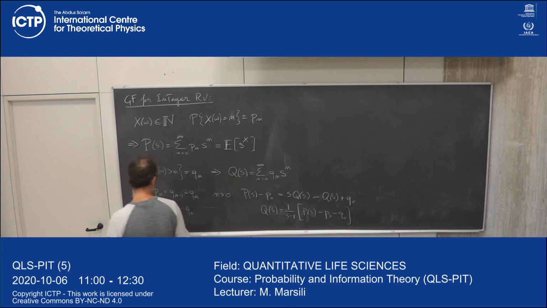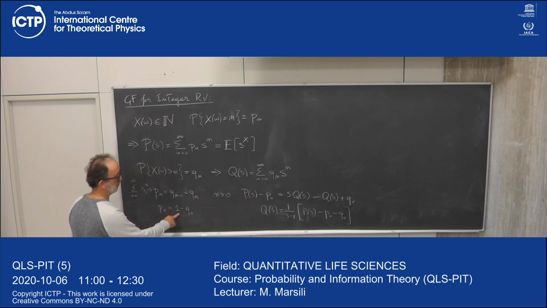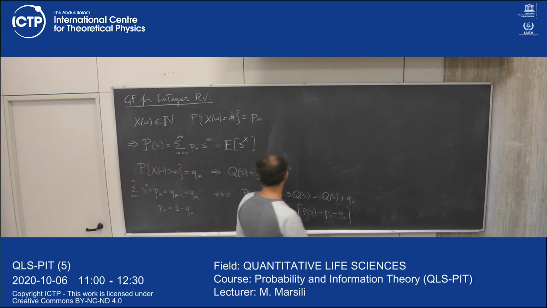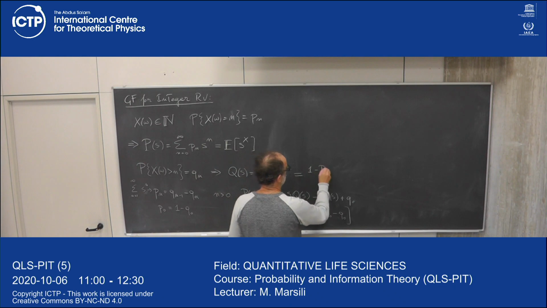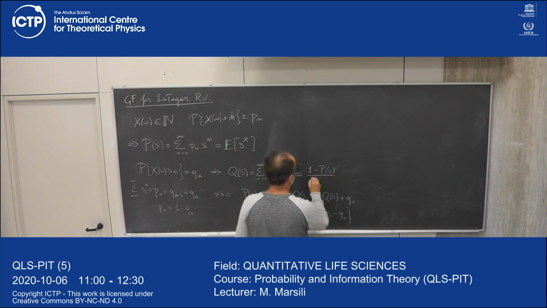But P0 plus Q0 is equal to 1. So the relation that you find is that Q of s is equal to 1 minus P of s divided by 1 minus s.